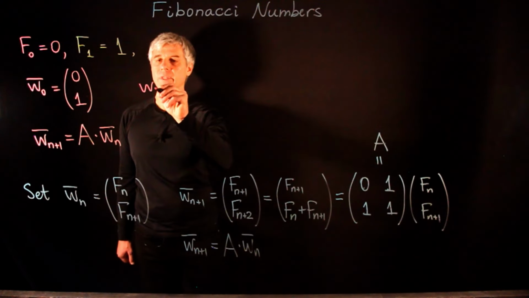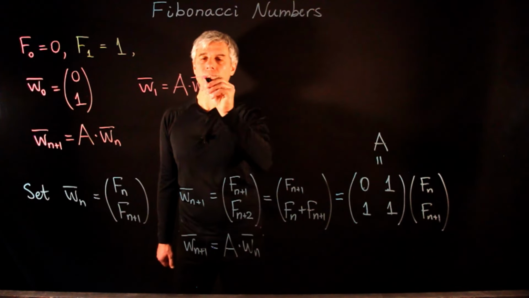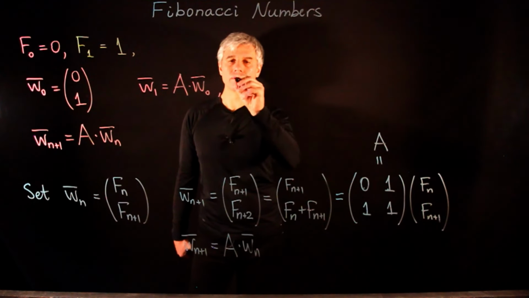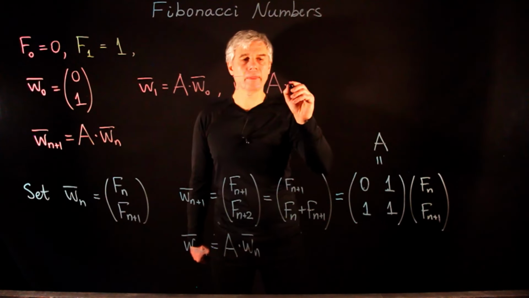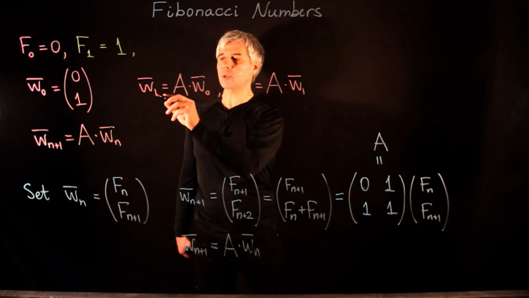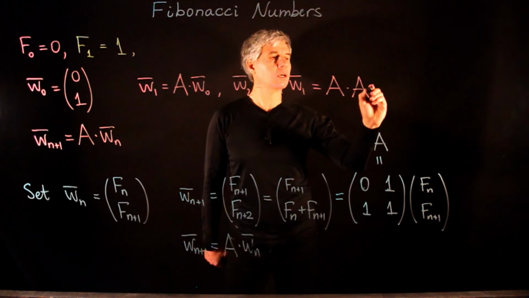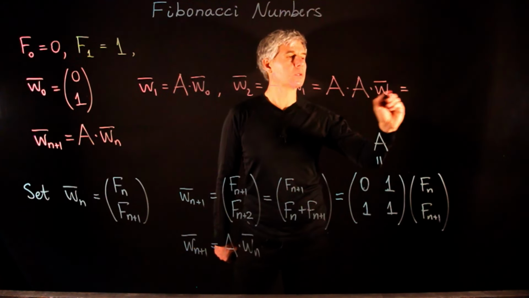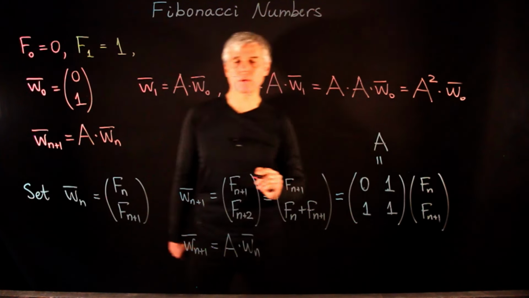So then we have that w1 is equal to A times w0, w2 is A times w1, but w1 is A times w0. So we get A times A times w0, so this is A squared times w0.